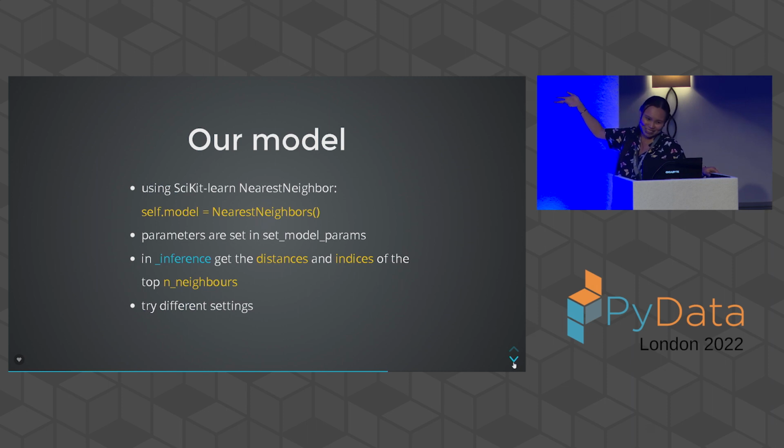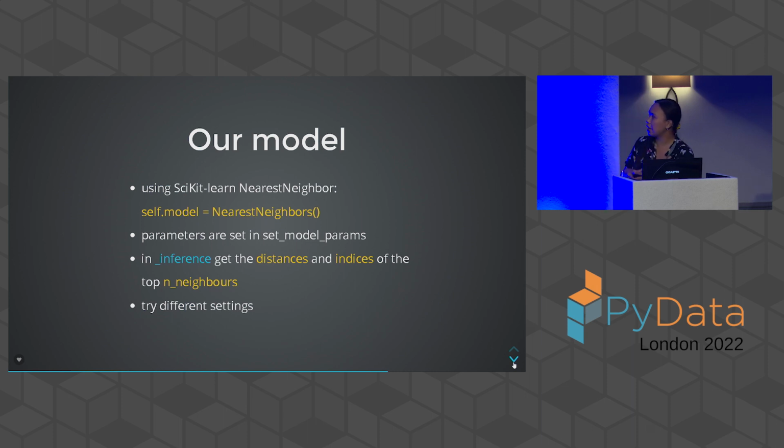Where can we get the model? It is in scikit-learn. In the skeleton of the code, it's already there, just NearestNeighbors, but the parameters can be set in another function, set model parameters. And inference is the one that we also have to work on a little bit, because I left some code out.